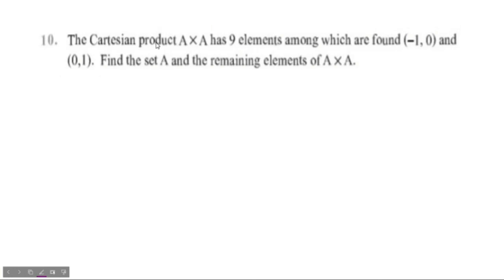Now the 10th question, the last question. Here the Cartesian product A cross A has 9 elements, among which (-1, 0) and (0, 1) are elements of A cross A. We need to find A cross A. Here you see that there are 3 distinct numbers, -1, 0 and 1.